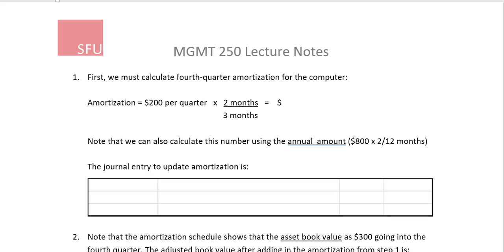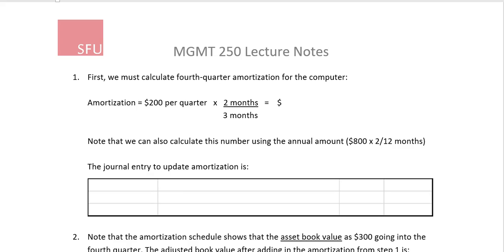If you need to refresh any of this, feel free to pause the video and go back and look at your notes. But since we didn't finish that last quarter, the fourth quarter, we only take 2 out of 3 months on it. So the last quarter ended on September 30th. Then we had the full month of October and the full month of November.